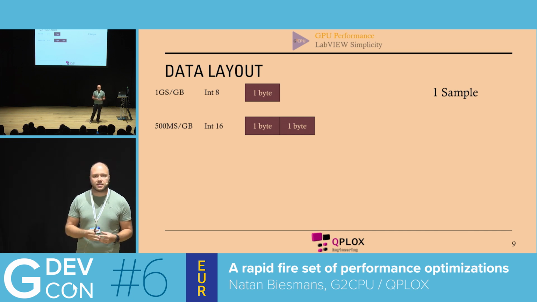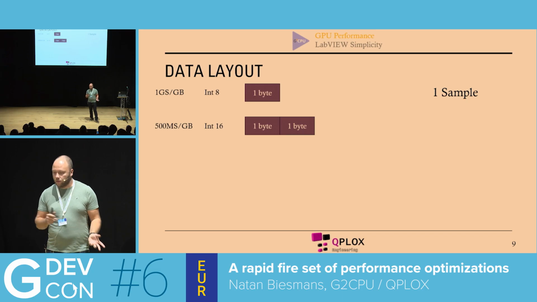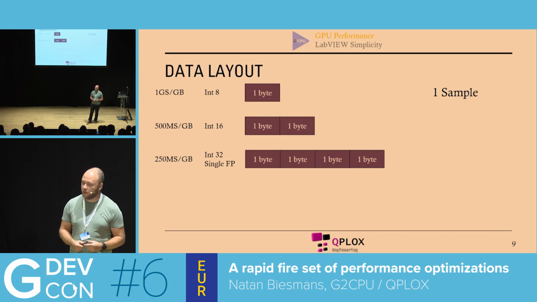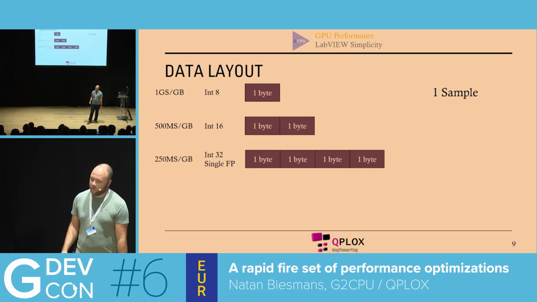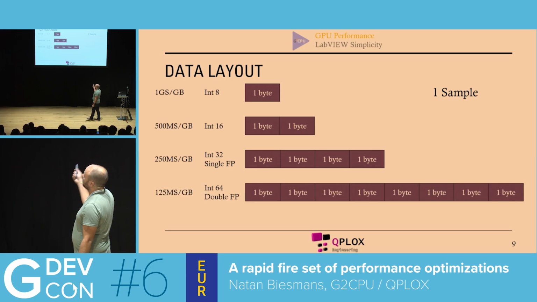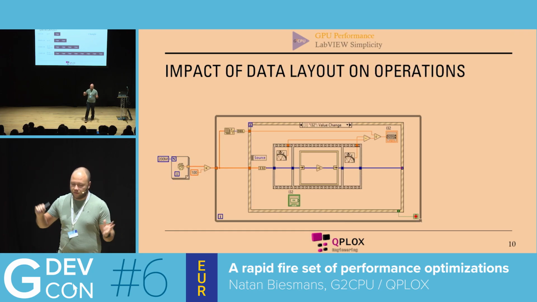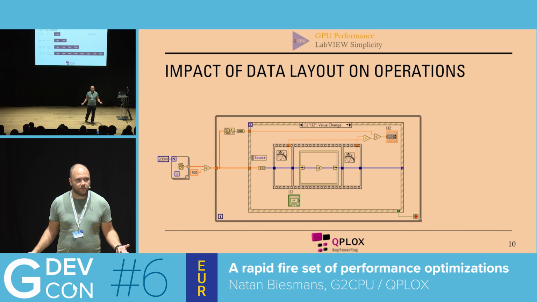It means that with the same throughput our network allows us to do, we can send less samples over the network to a server, which means if you need more, you need to upgrade your infrastructure. And then if you go to single floating point or integer 32, it halves even further, and it halves even further. Now, okay, this is all great, this is all theoretical, but what does that actually mean?